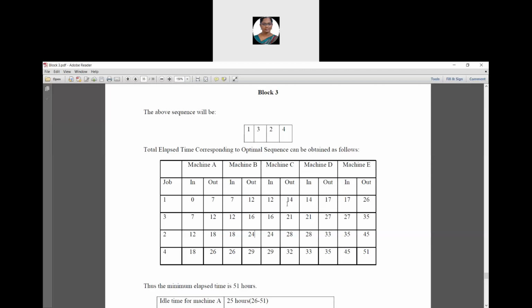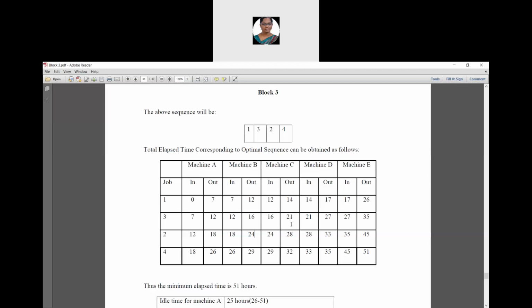Then we have to compare 14 and 16, and you should write only the maximum of 14 and 16 here. It is 16. Then out value is the addition of in value 16 plus the processing time for third job in machine C. It is 5.